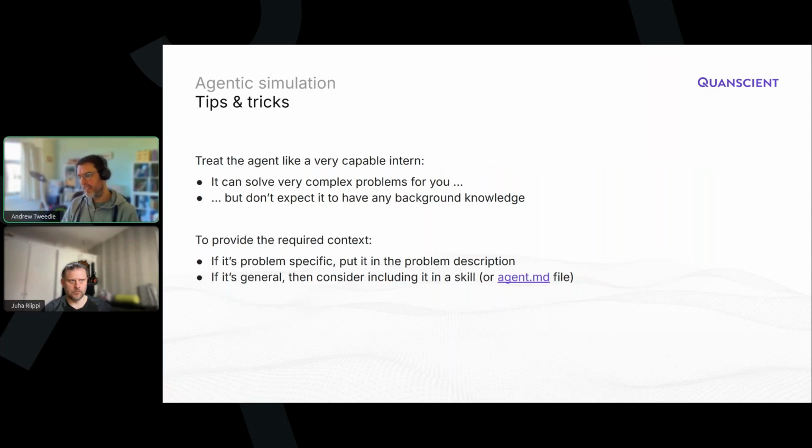And then finally, as a tips and tricks, this is something I touched on earlier, but treat the agent like a very capable intern, and I think things will go well for you. So the way I look at it, and the way we look at it within Quanscient, is it can solve very complex problems for you, problems which, if you don't have the deep domain knowledge in, might be hard to digest in an afternoon's worth of work.